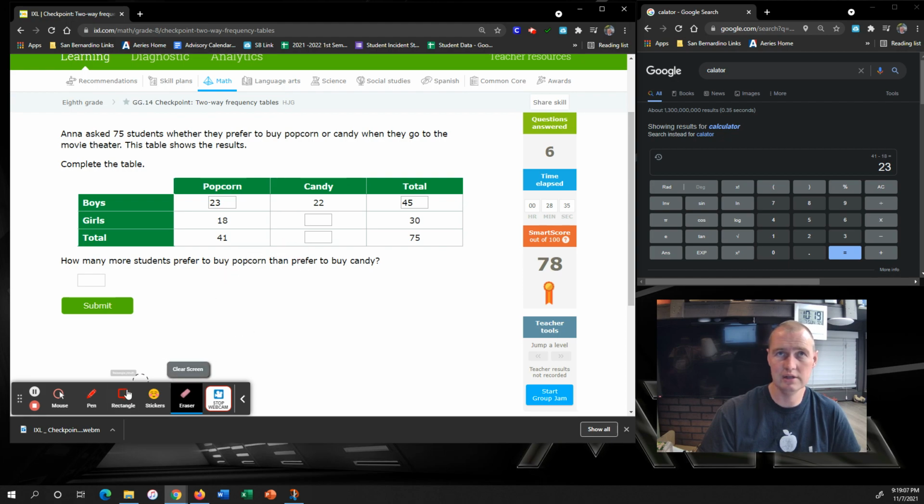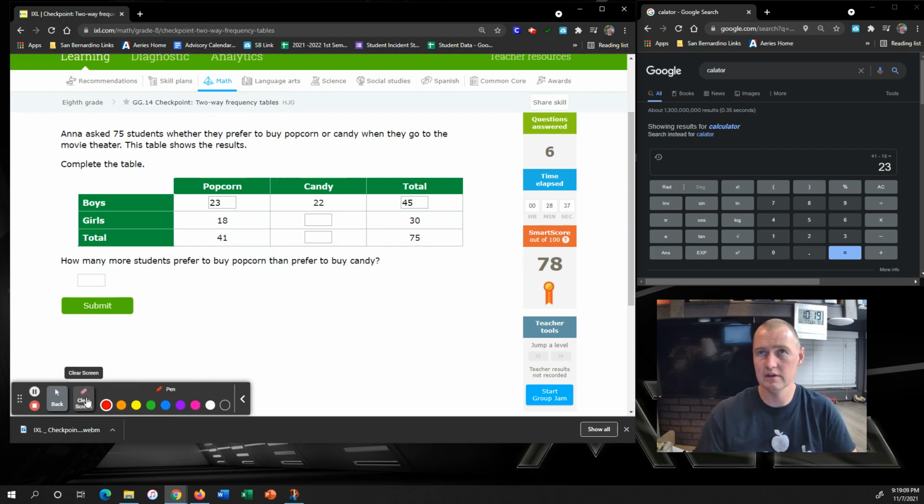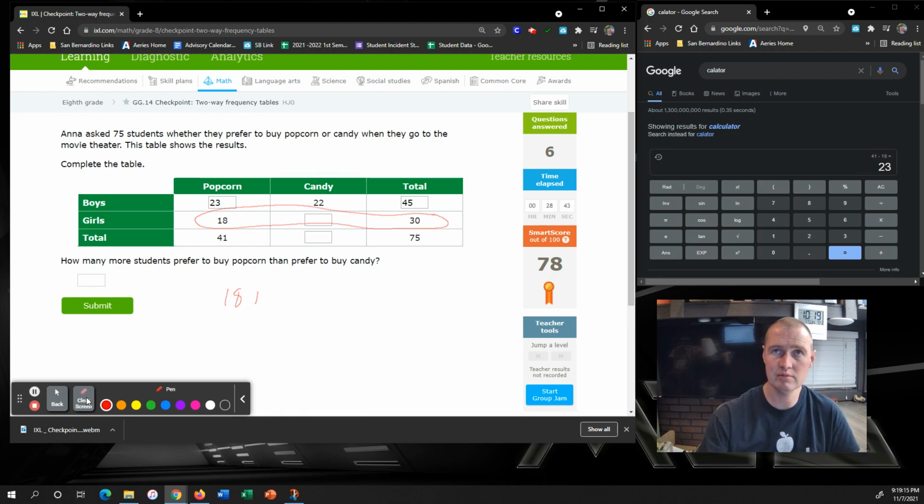Okay, now let's get into the girls and their candy. We got 18 plus x equals 30. So 18 plus we don't know equals 30. Subtract 18 from both sides. Minus 18, minus 18.